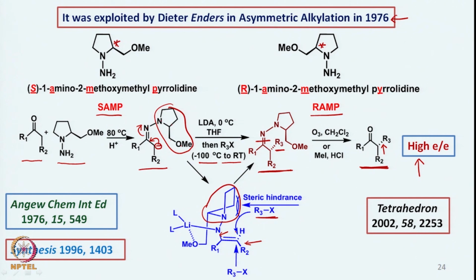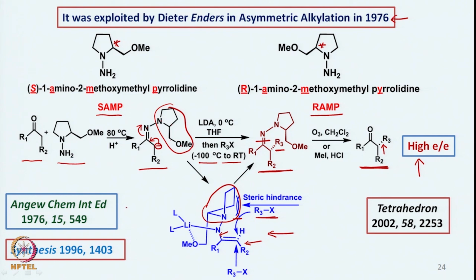As you can see from this transition state, the top approach of R3X is prohibited because of the steric hindrance caused by the large group present here, and therefore R3X attaches from the lower side, leading to the formation of the carbon-R3 bond in an alpha orientation, and this is how the reaction occurs.